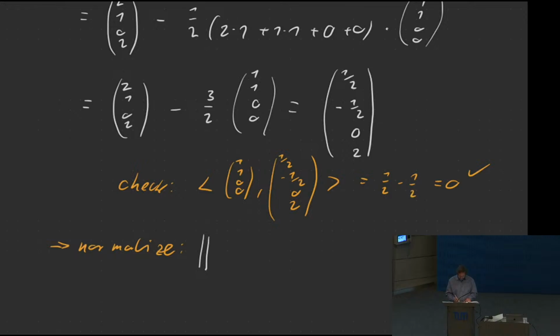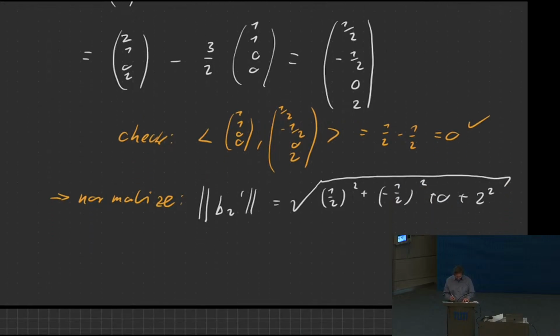And that means I have to compute the norm of B2 prime. And the norm is, let's see, the square root of 1/2 squared plus minus 1/2 squared plus 0 plus 2 squared.